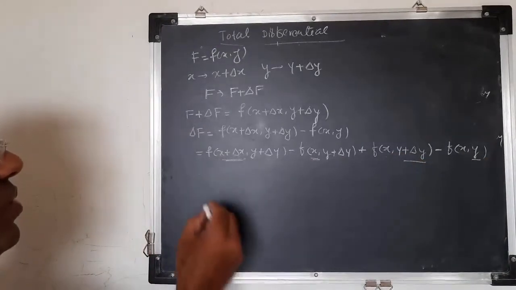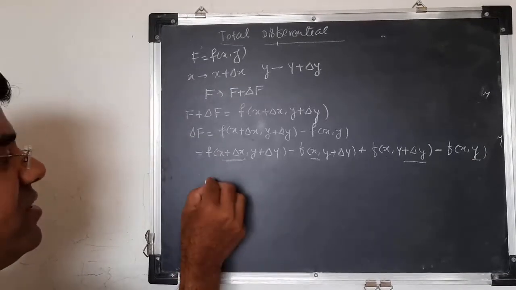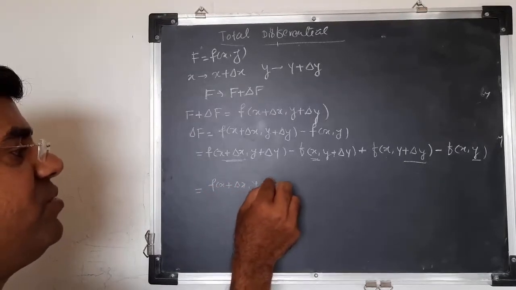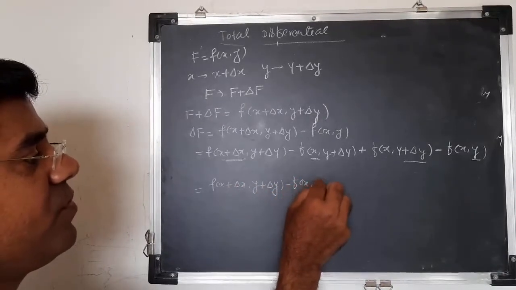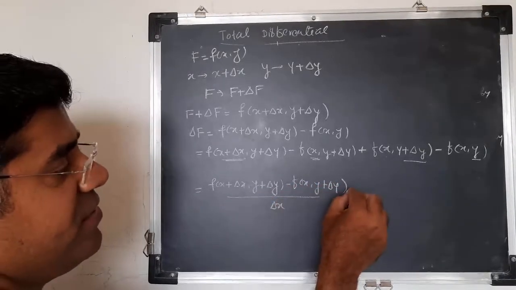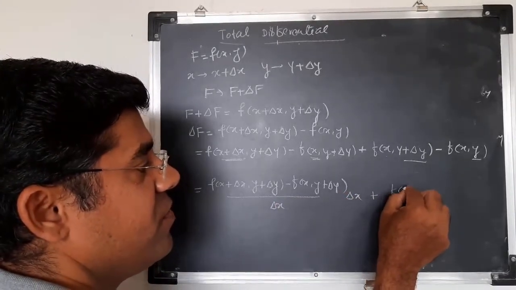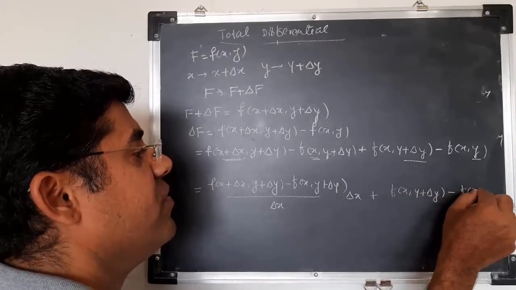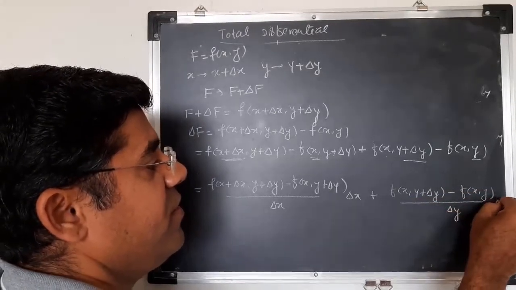Since we want the change in x, we divide and multiply by delta x, and we take the limit as delta x tends to 0. Plus f of x, y plus delta y minus f of x, y, divided by delta y and multiplied by delta y.